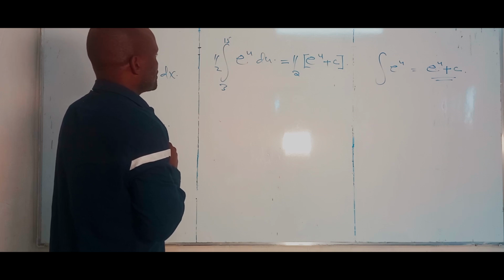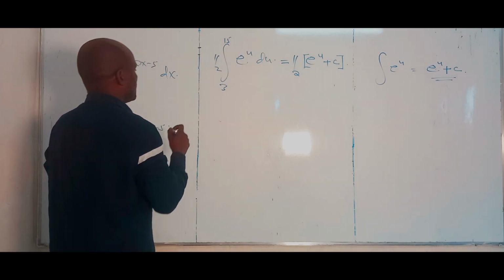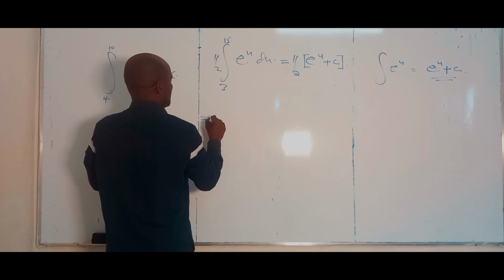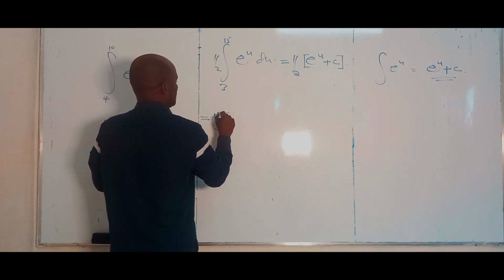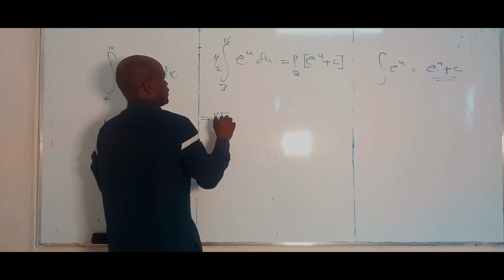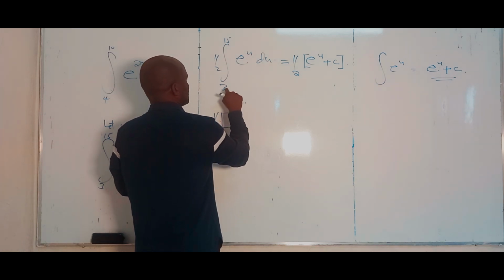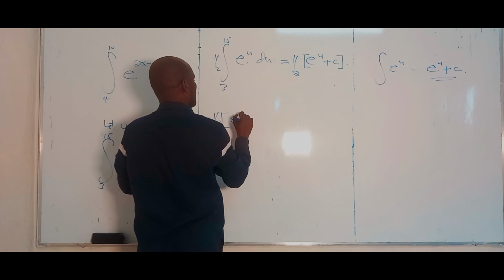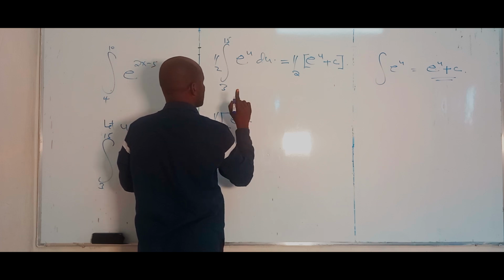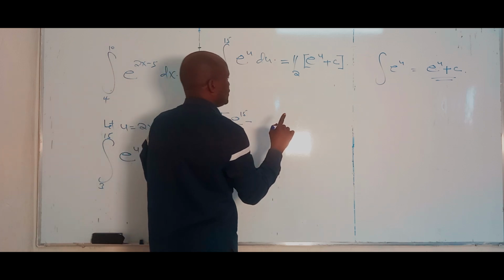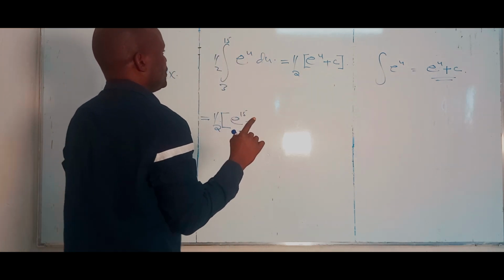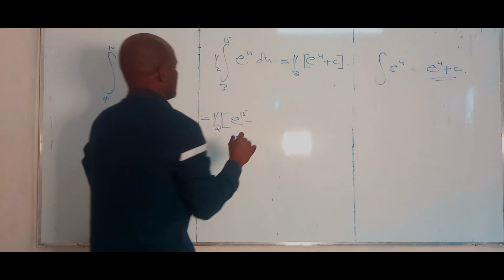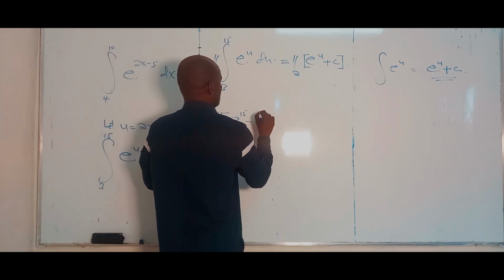Let's now substitute the values. It then means that I'm going to end up with half into, first I take a case when u is 15. So I will write here e raised to power 15 minus e raised to power 3.